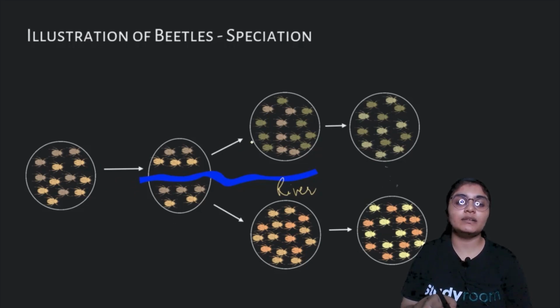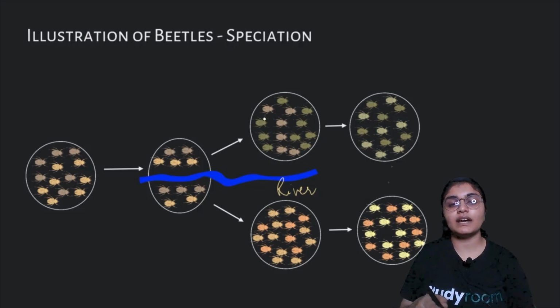Now these two beetle populations keep on growing and reproducing independent of each other, not affected by each other, on either side of the river. Both sides of the river have different habitats, right?